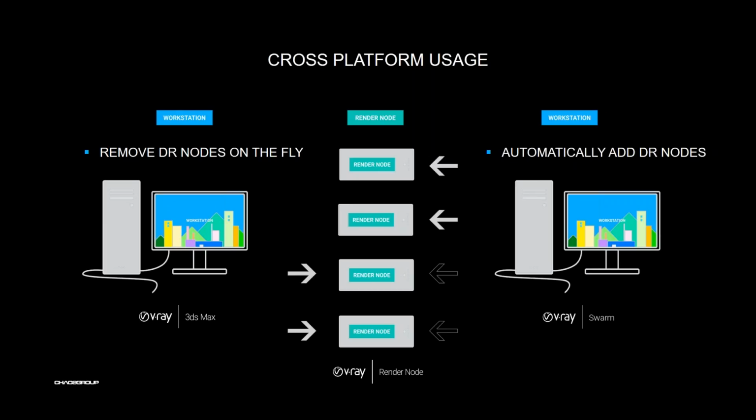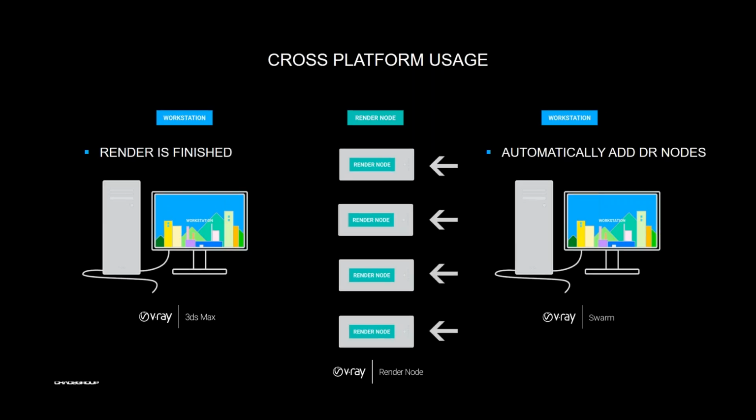On the fly, the 3ds Max designer removes some of the render nodes, and then automatically Swarm will see this and will connect every available CPU, not only render nodes like machines, but every available CPU, to this second render job.